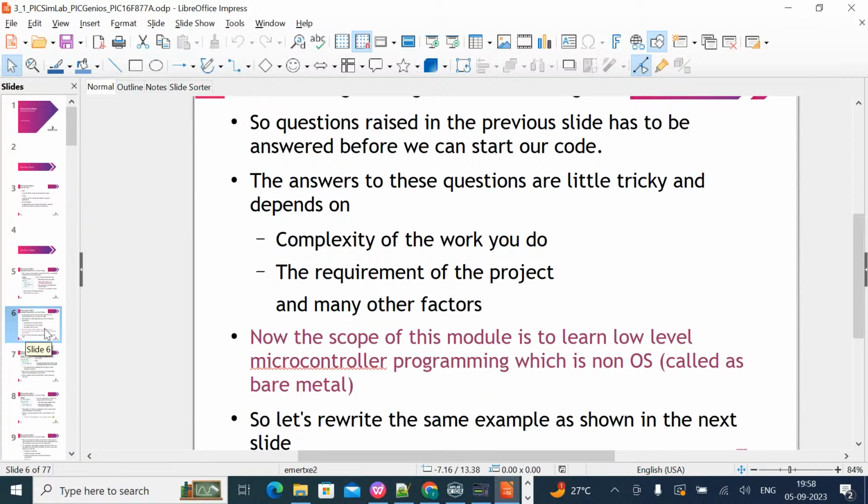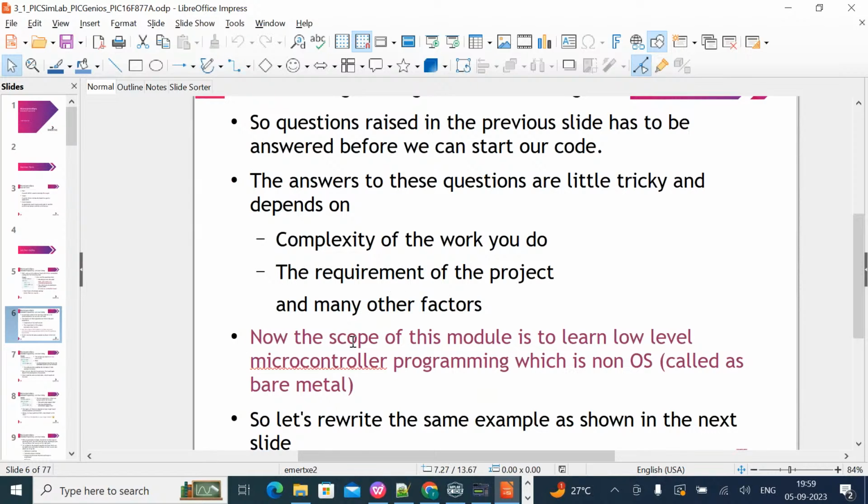Are you integrating an OS in it? The answer depends on a few points. First is the complexity of your work. Are you working on a very complex task like a router or mobile phone? If so, yes, you need an OS, but here the complexity is simple. If you are working on a complex application, or if your project itself says you need an OS, then you have to include it.